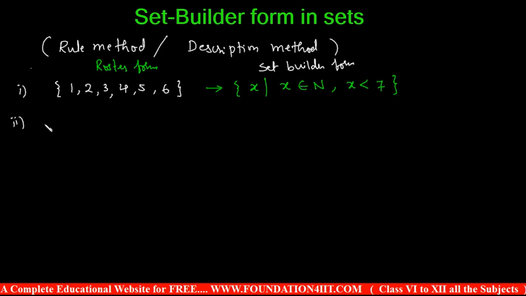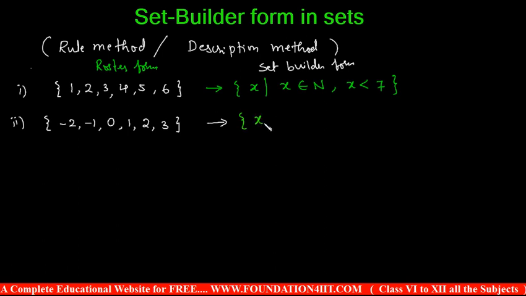For example, you see one more. Let me take negative numbers: -2, -1, 0, 1, 2, 3. This is the roster form, elements are given. Using these elements, we frame one description to convert into set builder form.